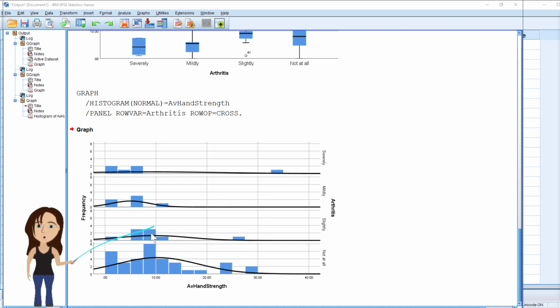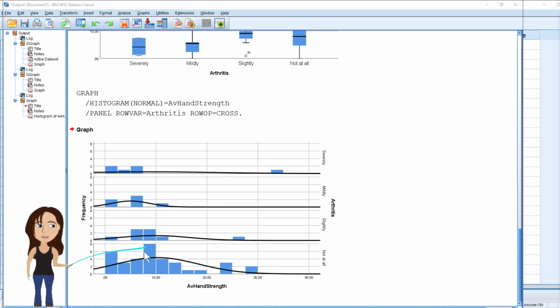In terms of normality, it's actually really hard to judge. The bigger problem is that there isn't a big enough sample in each of these groups. So it's worth pointing out that arthritis was not a focus of the study. The study was not designed to look at arthritis, and that's one of the problems in analysing data for something that it was never intended to be analysed for, in that you may not have a very good design regarding that question.